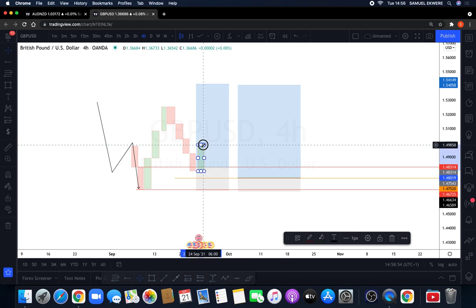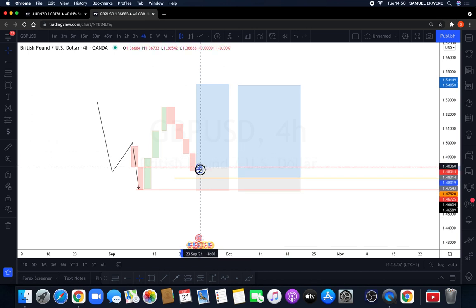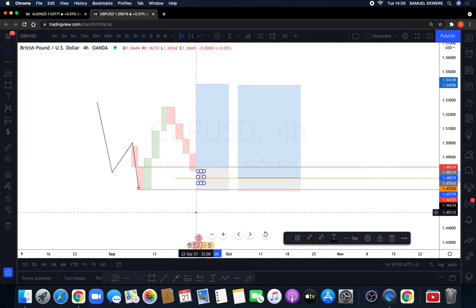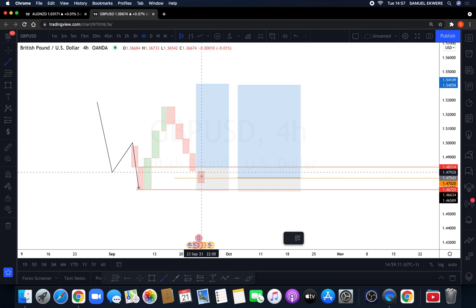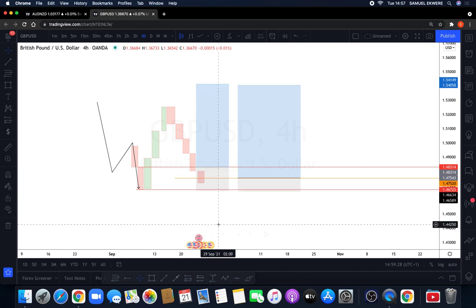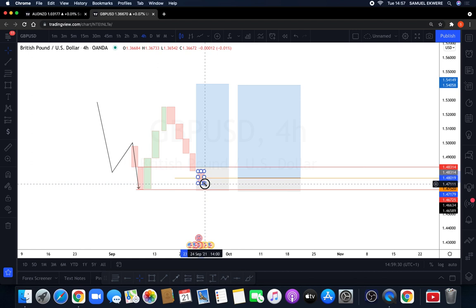But obviously sometimes the market will do this: come down first to almost, let's say, the 50% of this particular order block, and when they do that, they could possibly just turn, reverse back, starting to go back up.